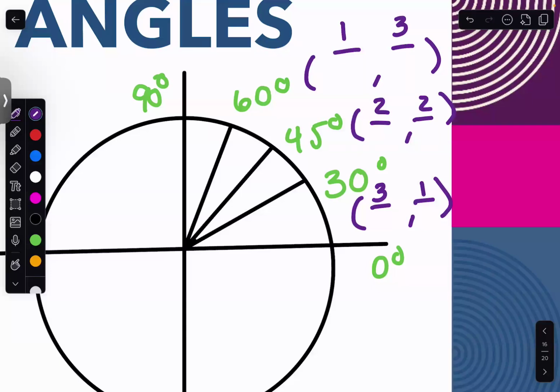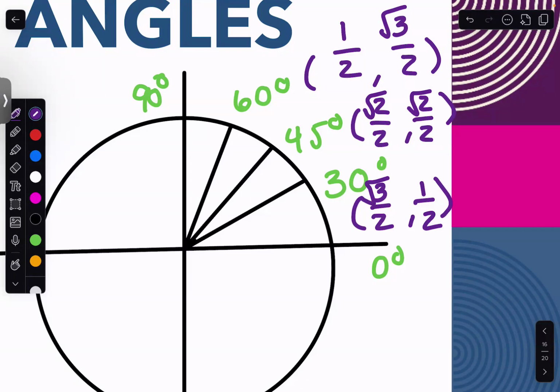And I'm going to also write a square root over every number that's not 1. And then in the denominator of all of these, I'm going to write 2. And ta-da! We have just written down all of the sine and cosine values for 60, 45, and 30 degrees.